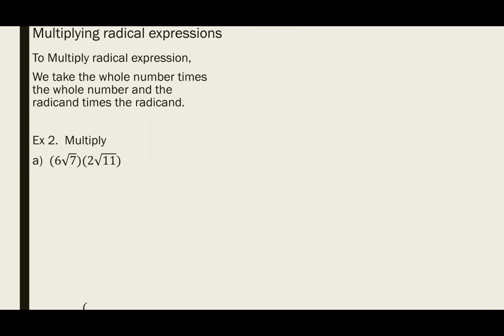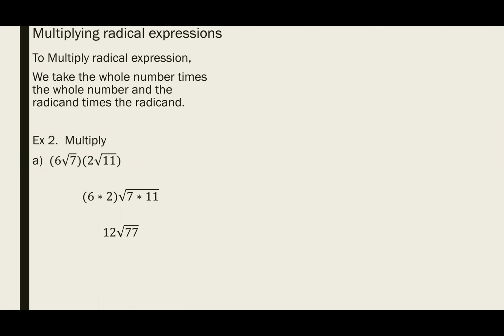So basically, all we do is we take 2 times 6, that's your coefficient, the whole number, right? 2 times 6, and then inside the square root, the radicand, which is 7 and 11, 7 times 11, and in this case, what we have is 12 square root of 77.